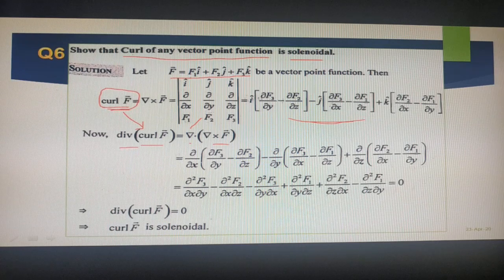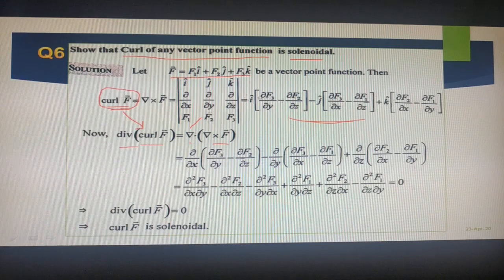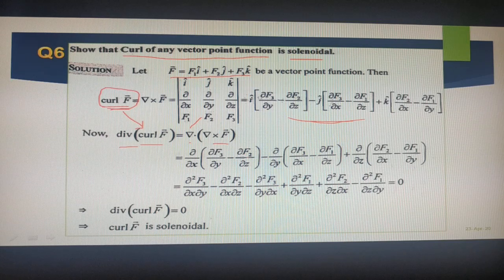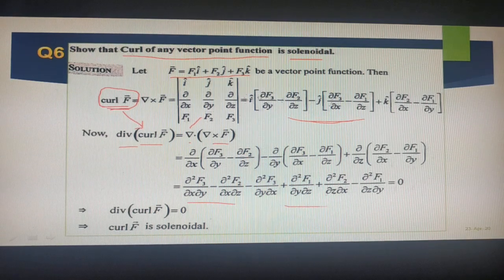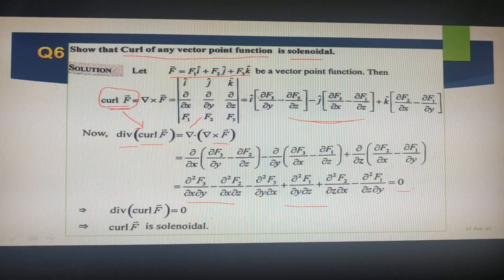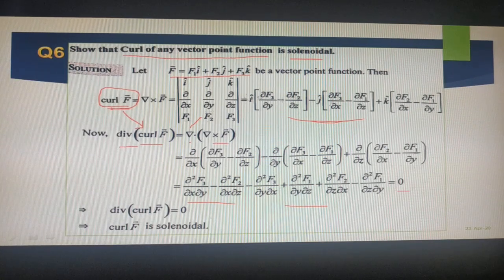This is with respect to x, so this becomes dou square f3 by dou x dou y. And this is dou square f2 by dou x dou z. Like that we just multiply and everything gets cancelled. We got 0. So the curl of a vector point function, curl of f, should be solenoidal.